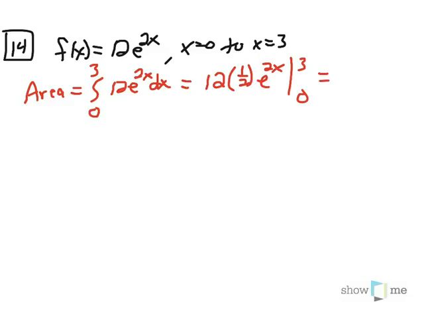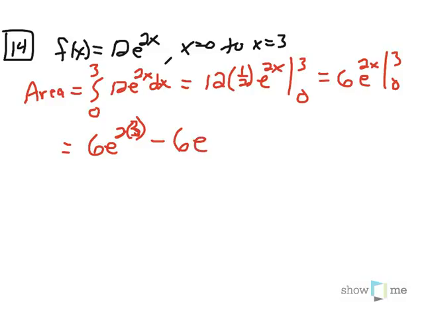6 times 1/2, of course, is, 12 times 1/2 is 6. So we're going to put 3 into this function and subtract from it, putting a 0 into the function.